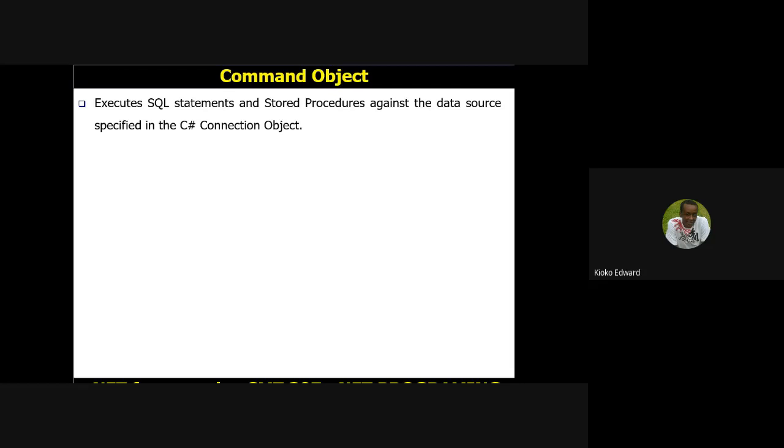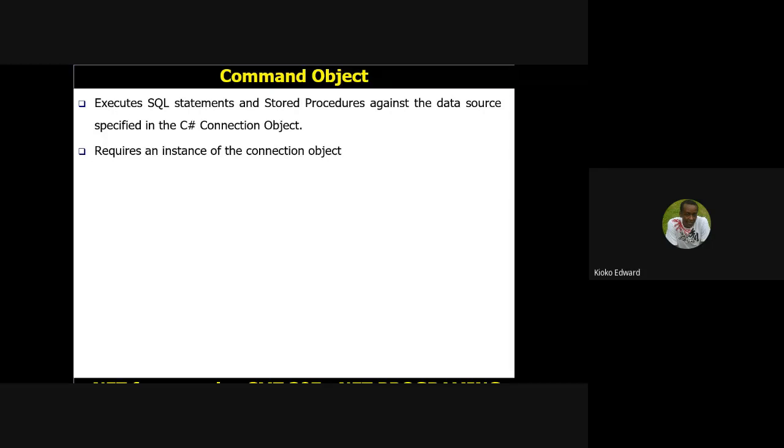Definitely there are some SQL statements you want to be able to execute. Either you want to do an update to the database, or maybe you want to select some statements in the DB, or there's something else you want to get from your database. If you want to do those executions, then they will be done using the command object.